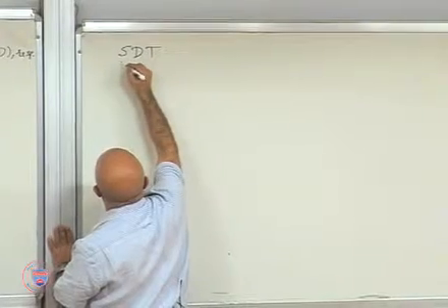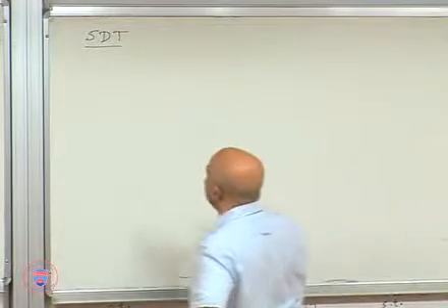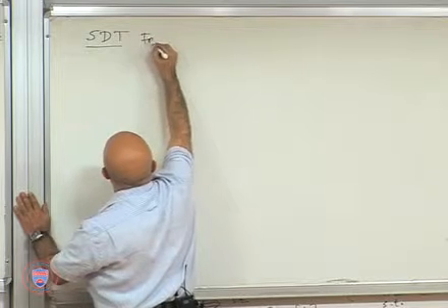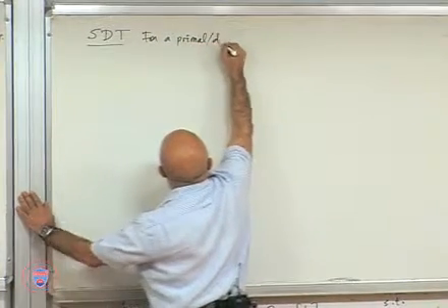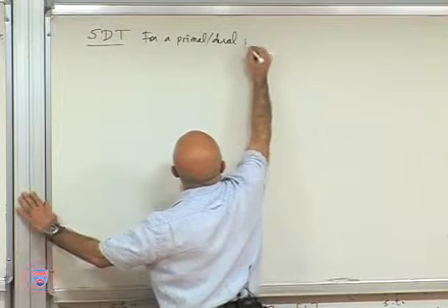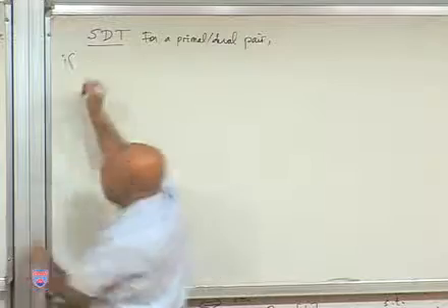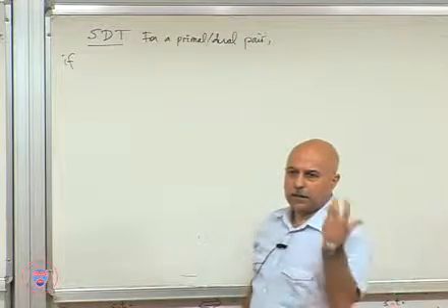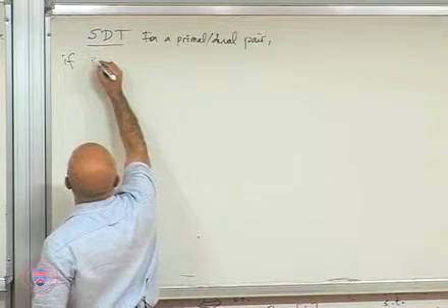Strong duality theorem. For a primal dual pair, if one of the problems has an optimal solution, then the other one also has.